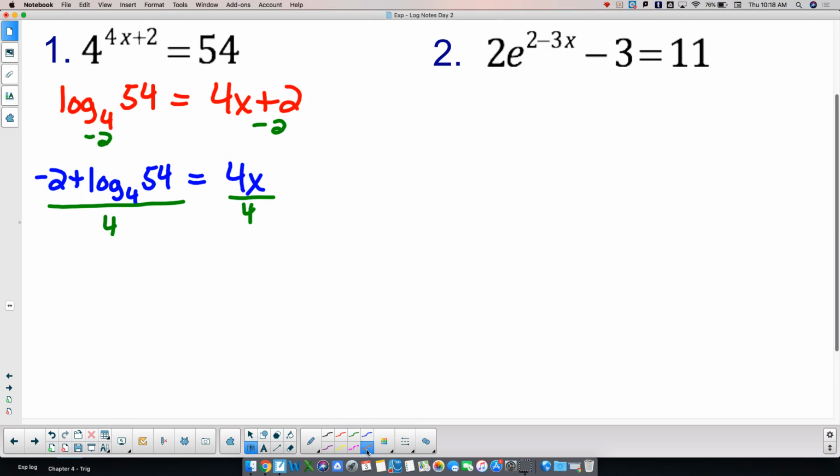And then that gives me an exact form: negative 2 plus log base 4 of 54, divided by 4, is x. And then you can go to the calculator and figure out what that is if you want.